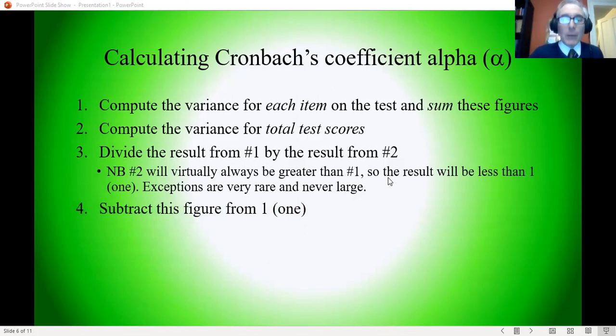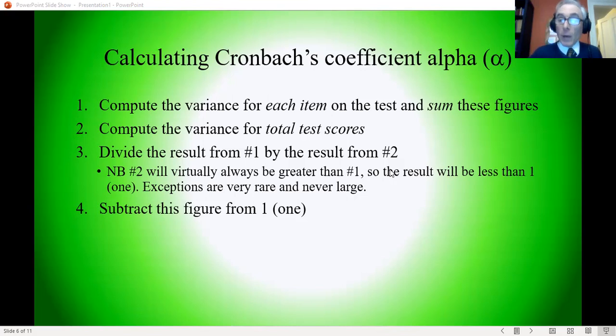Now, again, if you're doing all this by hand, it's very easy to kind of be hasty and forget about that. Don't forget about it. It'll mess you up, and you won't realize that you've messed up until later. So we have the sum of item variances divided by total test variance.